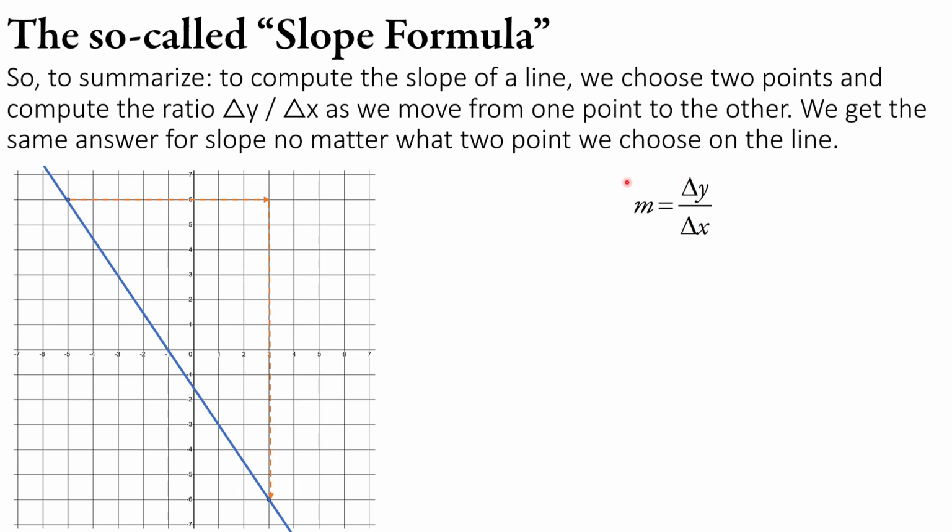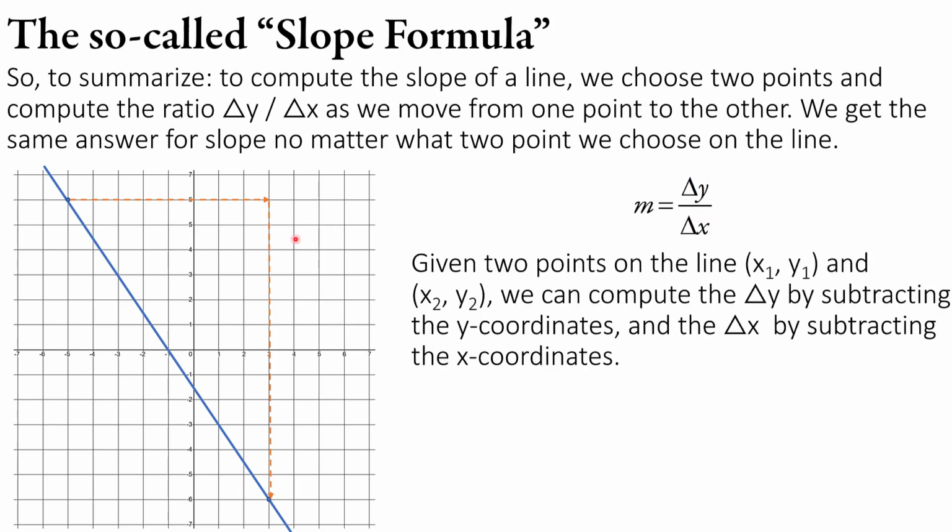So this is one way of writing the slope formula, change in y over change in x. Another very common way of writing the slope formula is if we have coordinates for these 2 points. If this is x1, y1, and this is x2, y2, then we can compute these changes by subtracting coordinates. For example, here the x-coordinate is 3, and here the x-coordinate is negative 5.